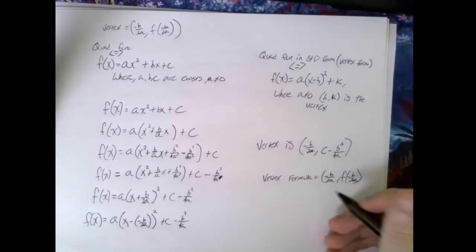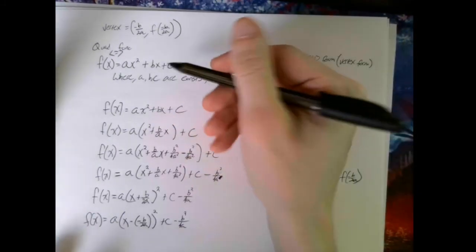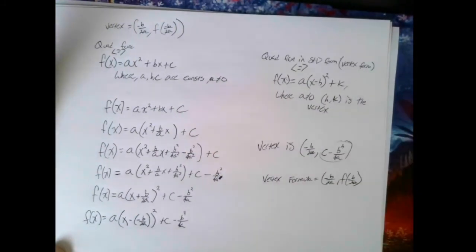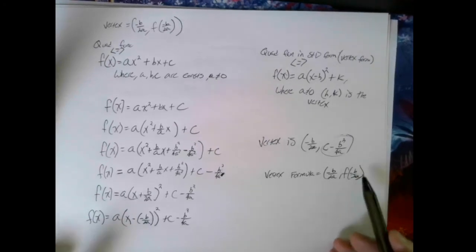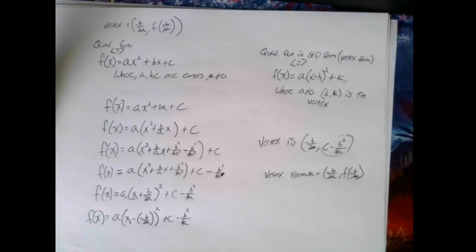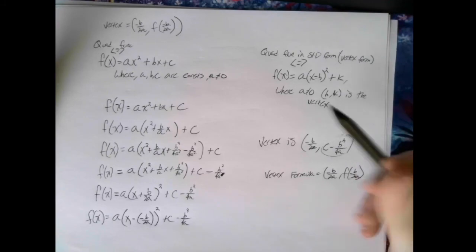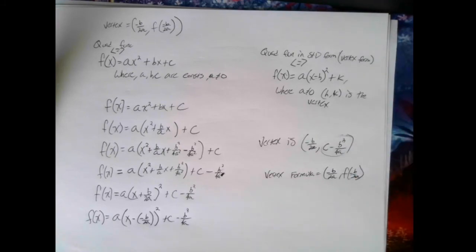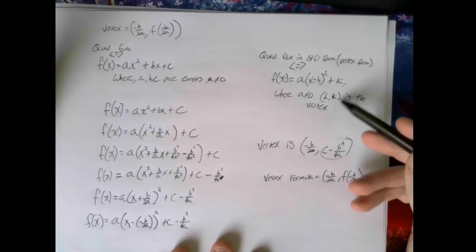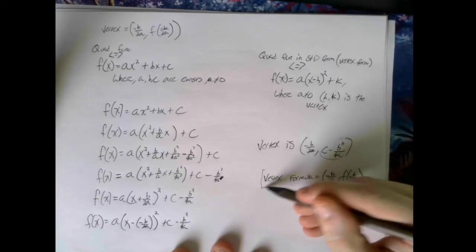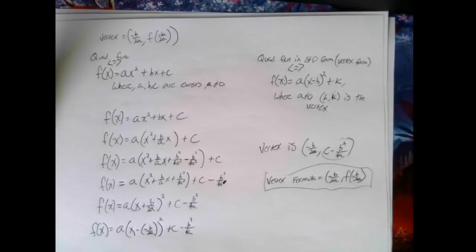Because if you plug negative b over 2a into your quadratic function again, you're going to get this output every time, because this is the output. It's the y value, or your k. So that is going to be the vertex formula. And that's why that is. That's the proof.